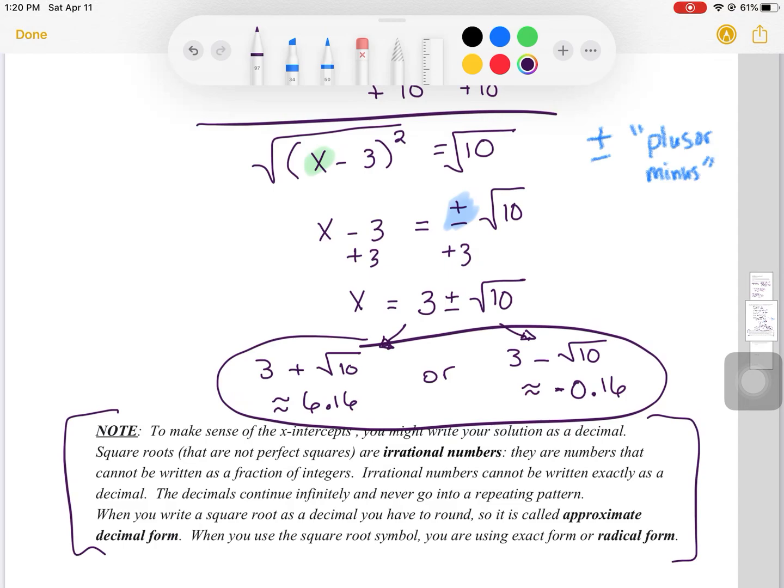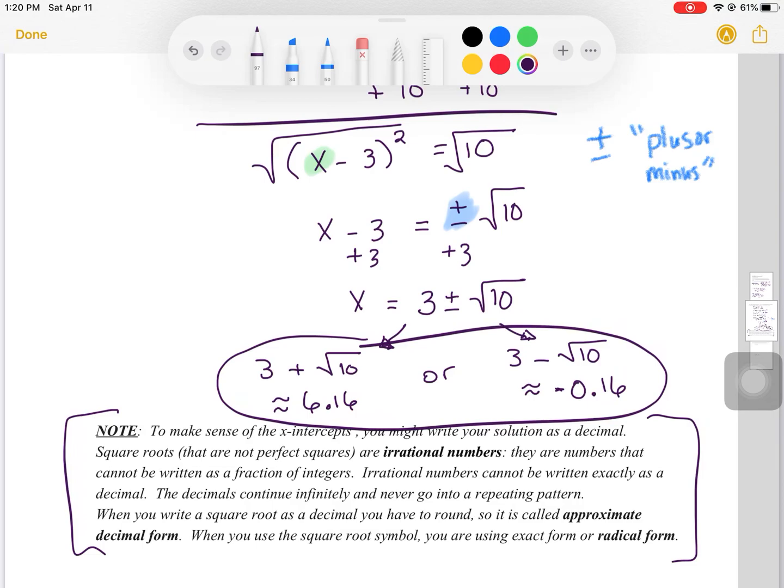So all those numbers that fall between 9 and 16 are not perfect squares. Those are what we call irrational numbers. They're numbers that can't be written as a fraction using integers. So they're decimals, they don't end, they don't repeat, they're just like pi, all of these irrational numbers.